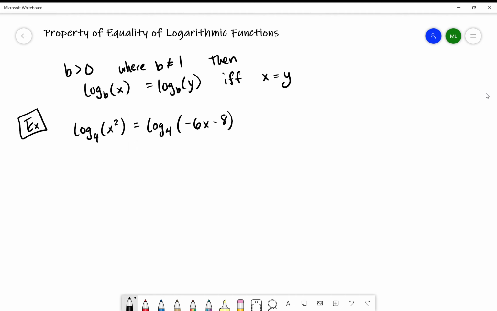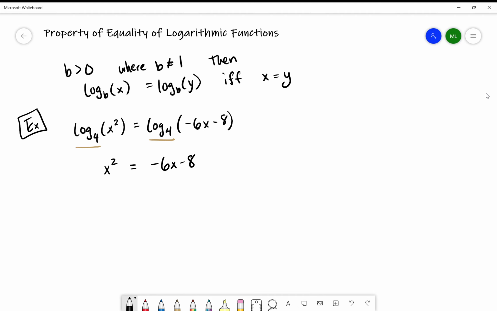I can see that I have the same bases, log base 4 and log base 4. So by my property, I can just say x squared is equal to negative 6x minus 8, and then I can solve for x there.